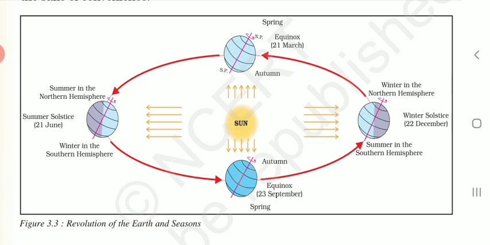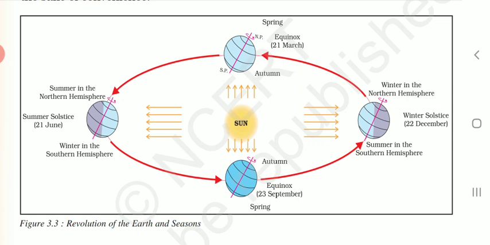Then here you can see the month of June. After moving towards the month of June, on 21st June, the summer solstice is there. What is summer solstice? That also we are going to understand. But here you can see that summer is in the northern hemisphere and winter is in the southern hemisphere. What is the reason behind that?